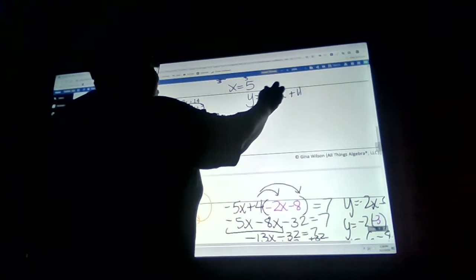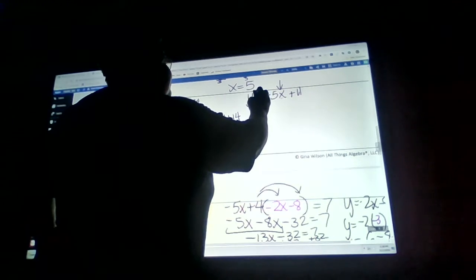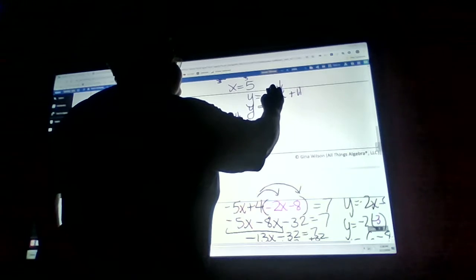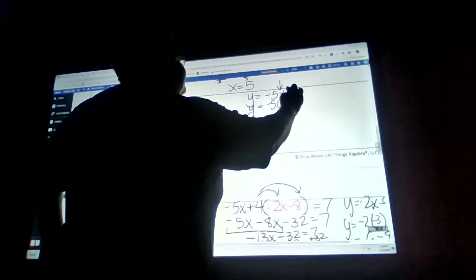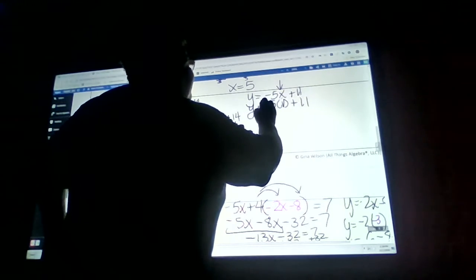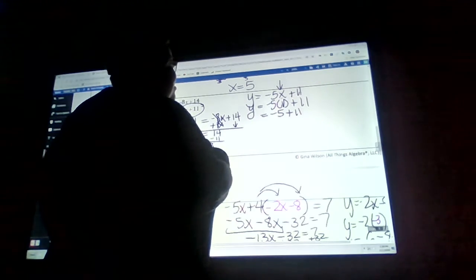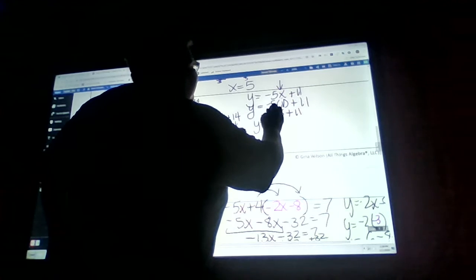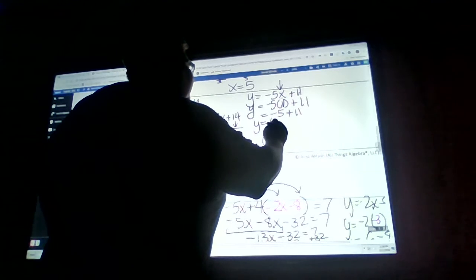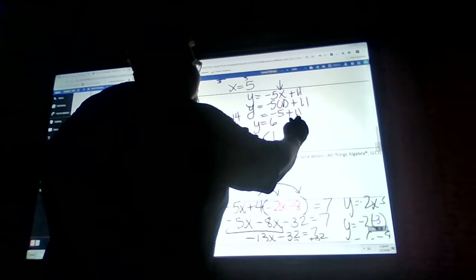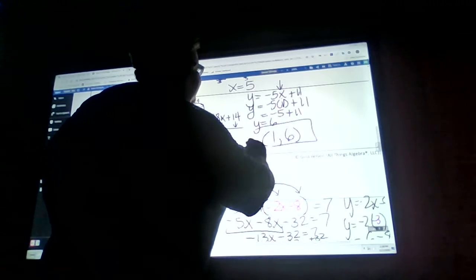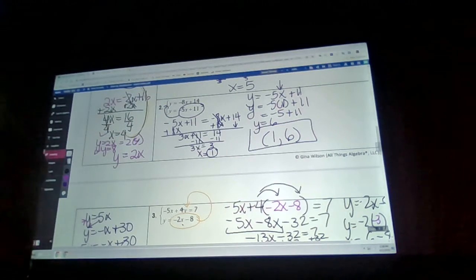I'm going to take my 1 and substitute it right here. So negative 5 times a positive 1 is a negative 5 plus 11. Negative 5 plus 11 is a positive 6. So I have x equals 1, y equals 6. That is my solution.